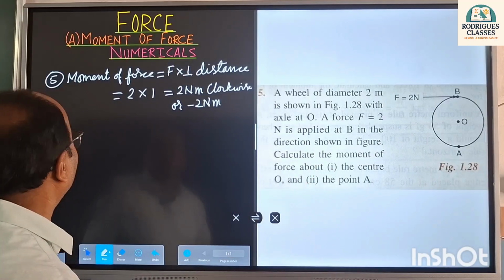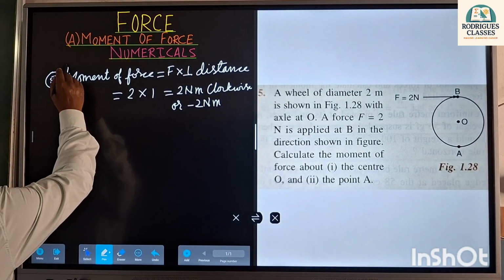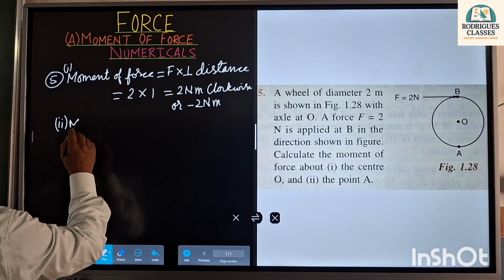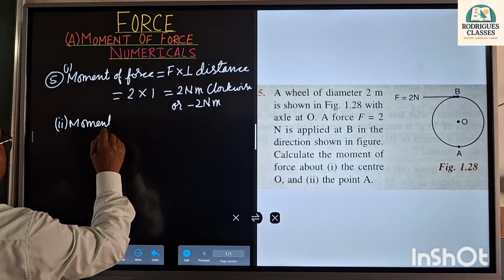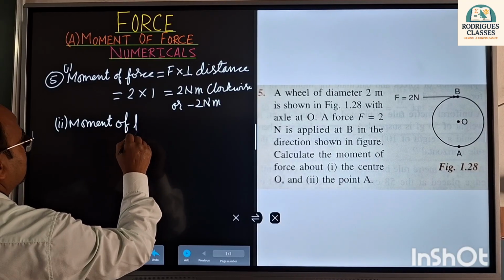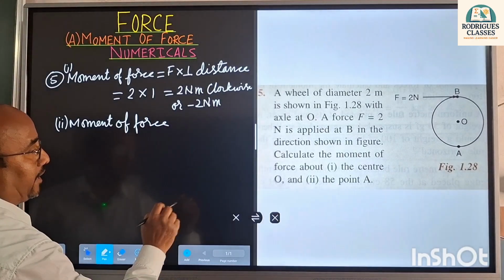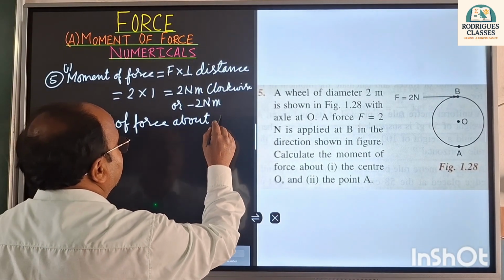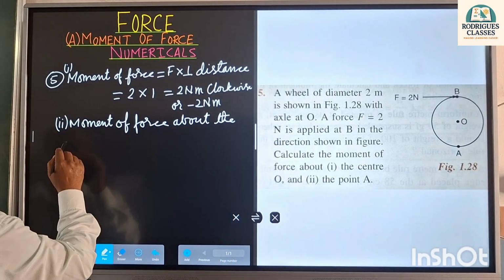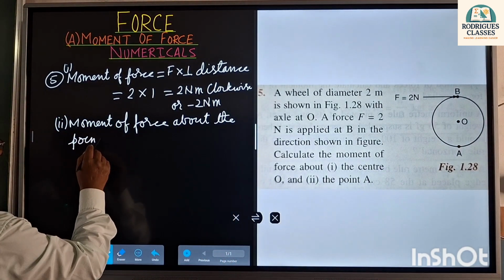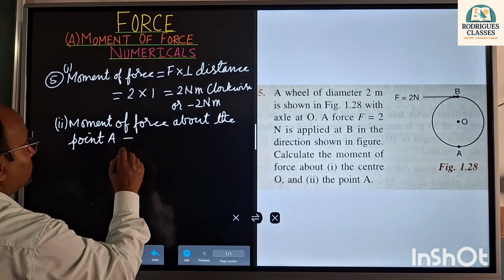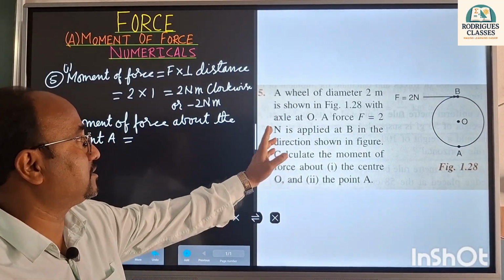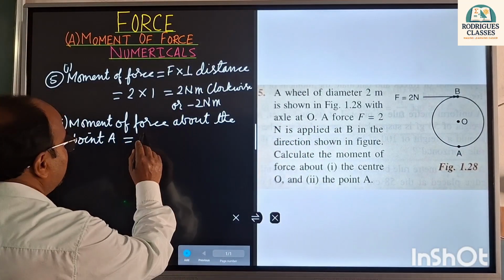Now let us find about the point A. So this was the first part. So moment of force, if I write here also about the point A, the formula is already there. I need not write that formula. The force is the same, not changing, 2 Newton.